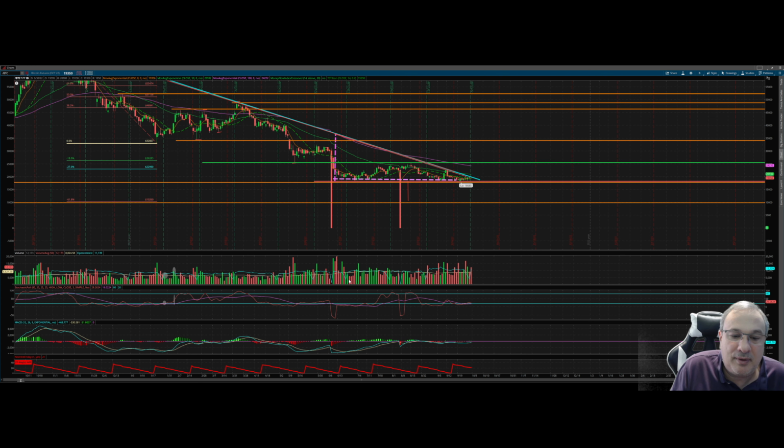Move it out to purple. Dash it. 5. All right, so look at this wedge, right? We got a nice wedge. So price has been coming through here and it's getting tighter. It's consolidating, right? So it's going in, going in, going in.